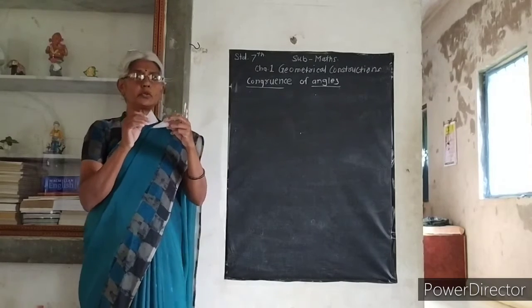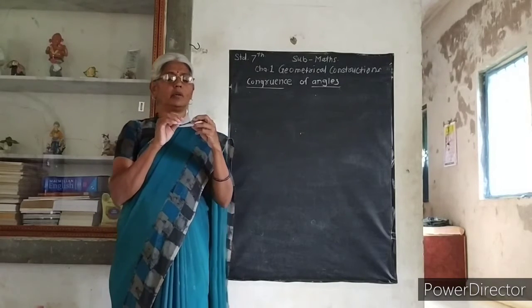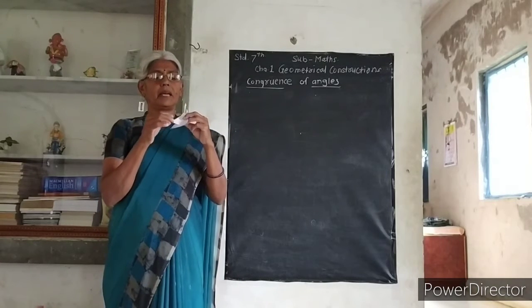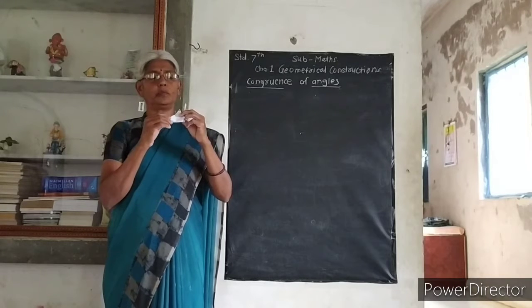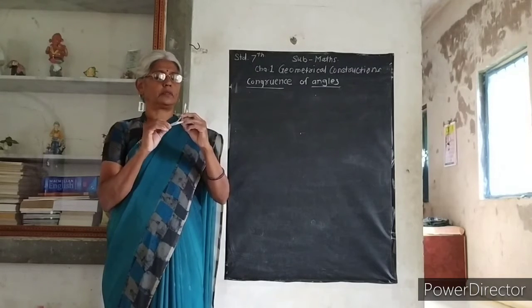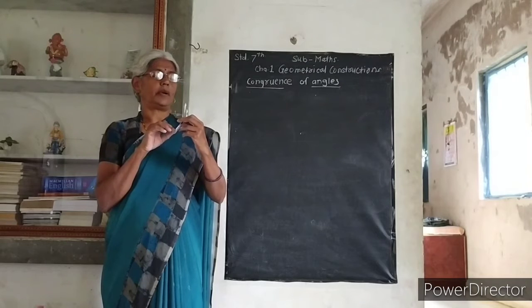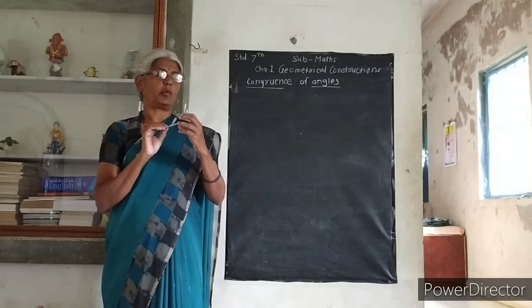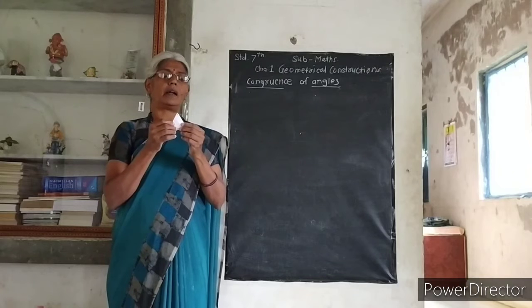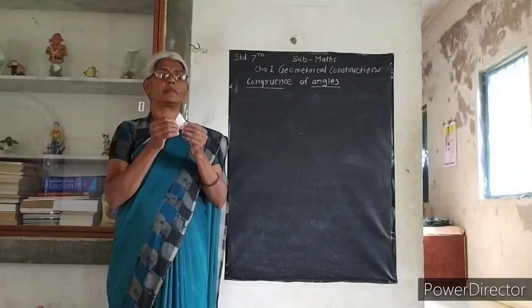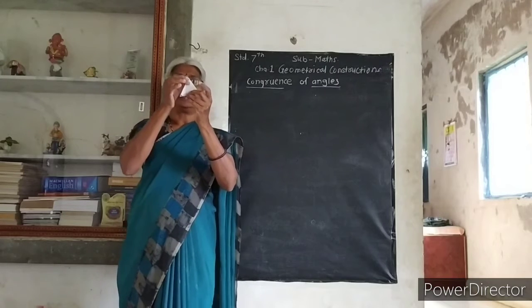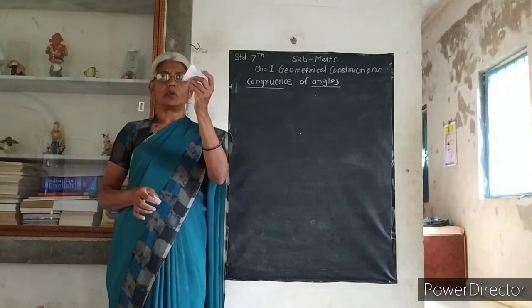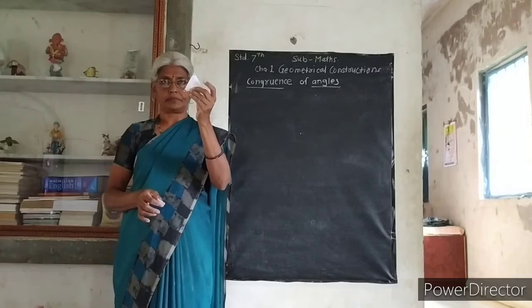If we place the two angles one over another in such a manner that point B is on point Q, point A on point P and point C on point R, like this, we observe these two angles coincide with each other.